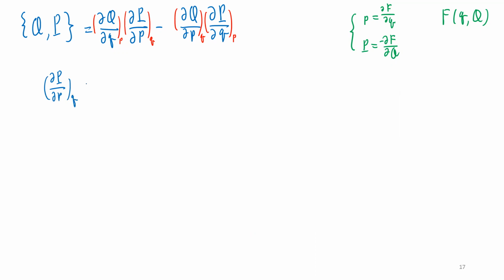Using the chain rule, we know that this is partial capital P, partial capital Q, keeping small q the same, times partial capital Q, partial small p, like this.